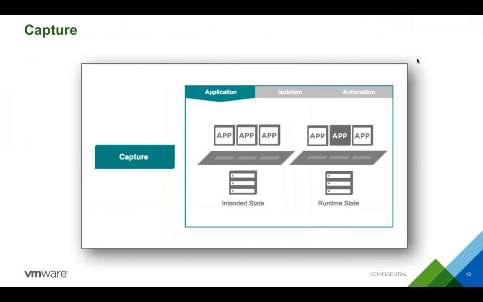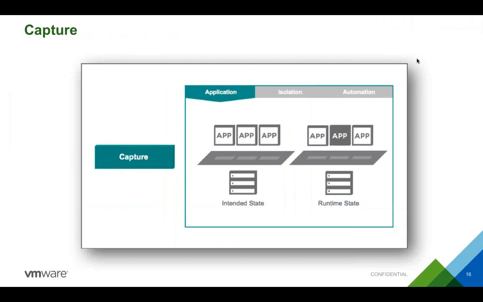I'm capturing when the application boots up, which I call the intended state. I also know that the runtime state of an application is going to differ from the intended state based on what the application is trying to do, so I also capture the runtime behavior. One thing extra here is I take that runtime behavior and check with our backend system, looking at the reputation feeds, and make sure that what I'm seeing as a part of the runtime behavior is compliant with what I'm seeing from my backend system, which is basically a reputation feed coming to us.